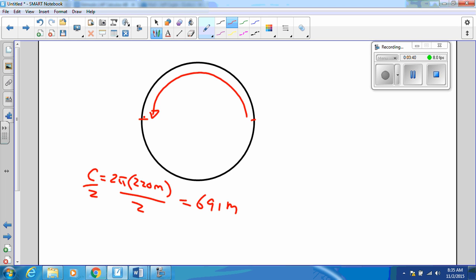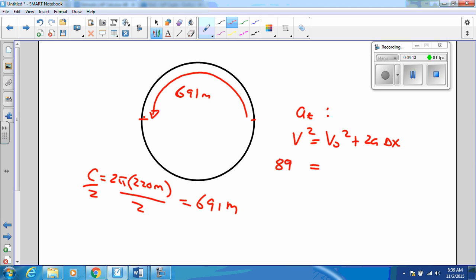To find the tangential acceleration, I used v squared equals v naught squared plus 2a delta x. Good. I plugged in 89 for v, which is how fast he's going at the end. 89 meters per second.